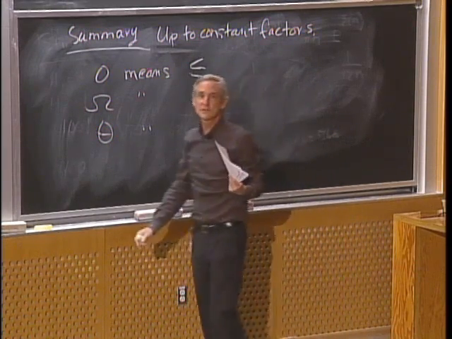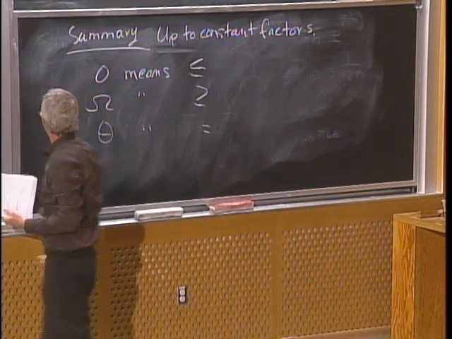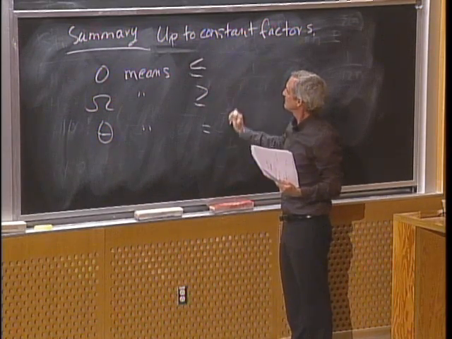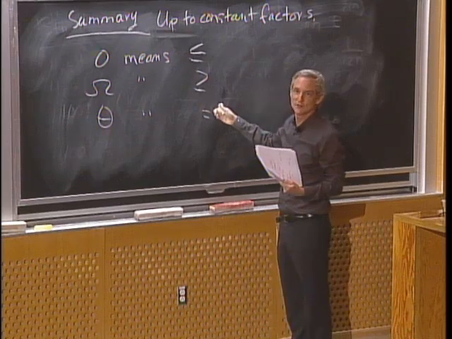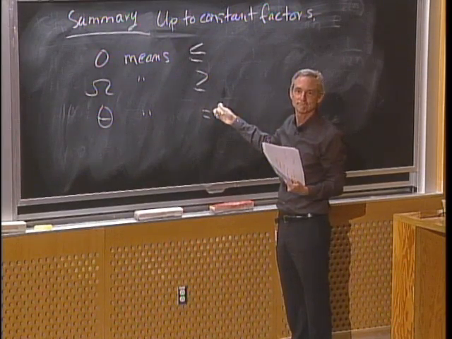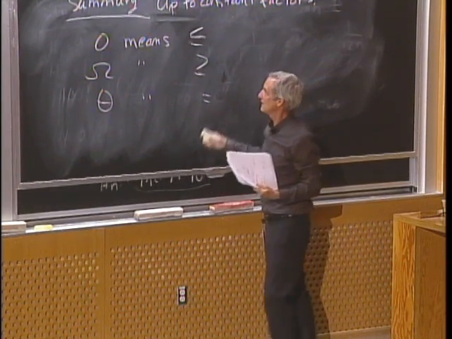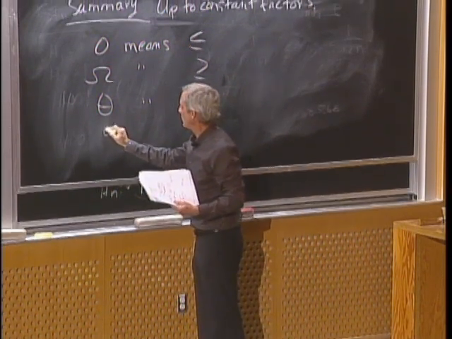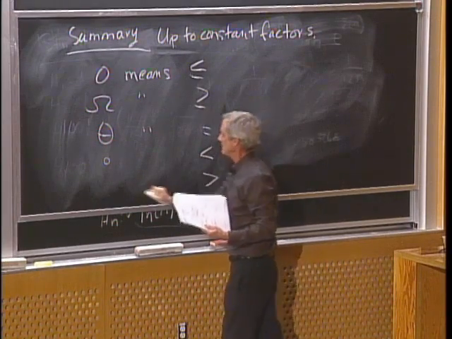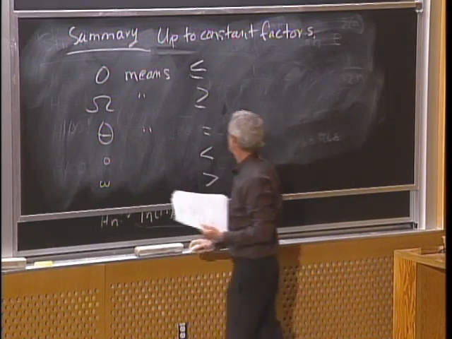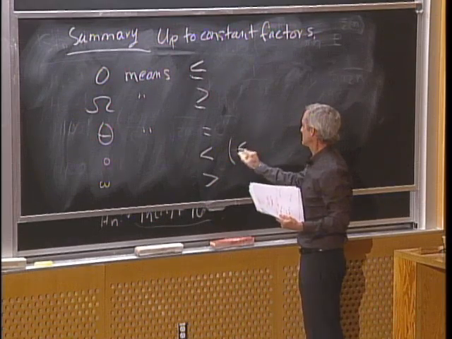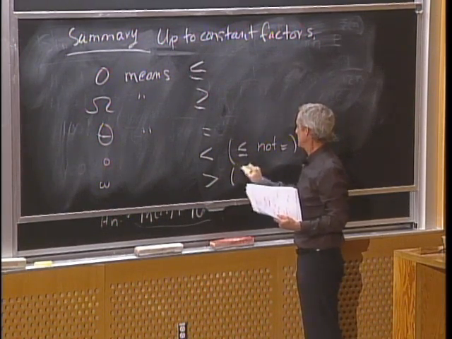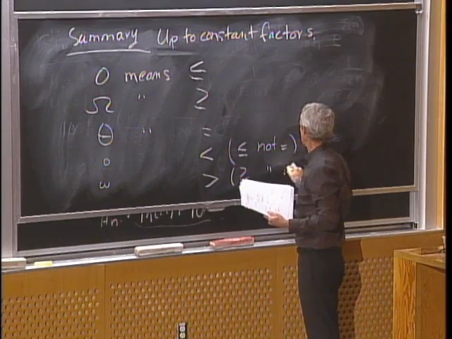Now, there are two more symbols here, and they correspond very naturally to this setup. What two symbols are missing that you would naturally add? Yeah, less than and greater than. So less than is little o, greater than is little omega. Less than means it's less than or equal, but not equal. And this means greater than or equal, not equal.